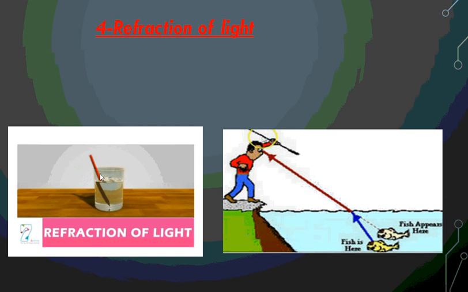Here, the light reflected from the pen in the air outside the water travels at high speed. Then when it travels to the surface of the water, its speed decreases. This causes bending of the pencil. The speed of light in air is faster than that in water.